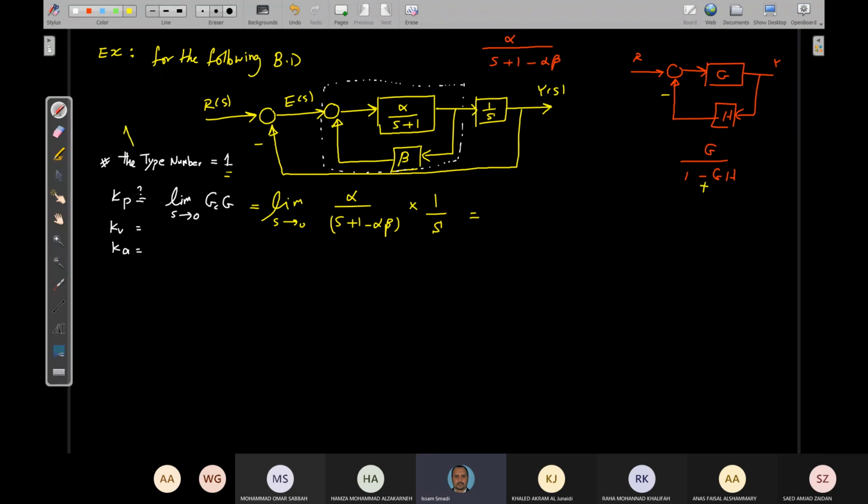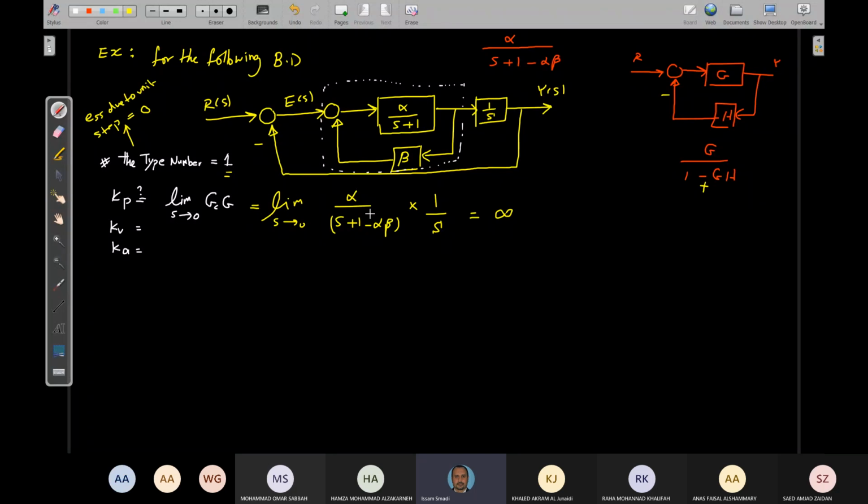So if the type number is 1, then the error due to a unit step equals what? 0. Why? Because KP equals infinity. So simply this one I don't need to calculate actually.